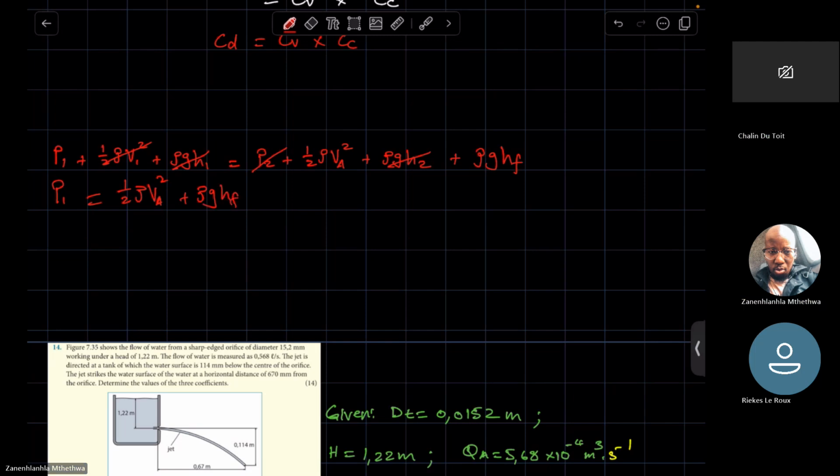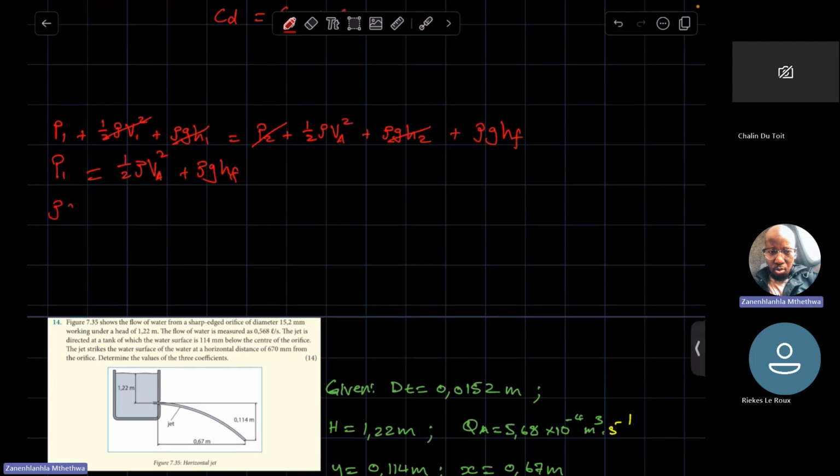And this we're able to express in terms of the formula for calculating gauge pressure. Remember, to calculate gauge pressure we use rho g H, where H is the column of fluid above point 1. So rho g H is equal to half rho VA squared plus rho g HF. Obviously, the density rho is the same, so this is going to cancel, and these are the terms that you are left with.